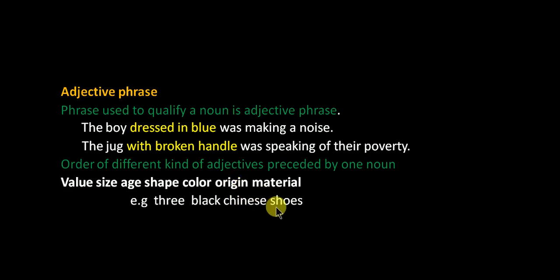So Chinese is the origin, and shoes is the noun, but we can also use material with it, rubber shoes, cloth shoes. Understand? So these 3 words are the adjectives. 3 is the number, black is the color, Chinese is the origin. So 3 black Chinese shoes.